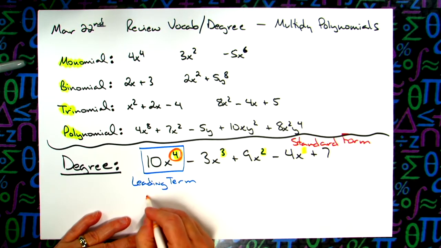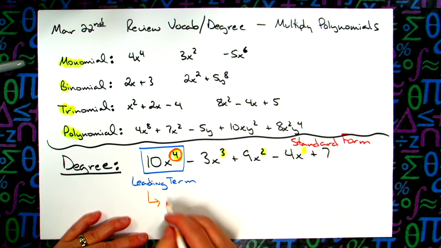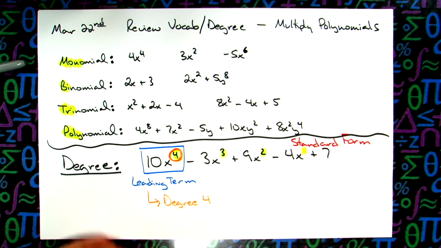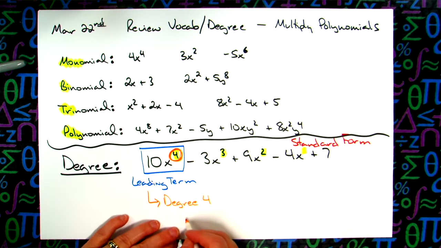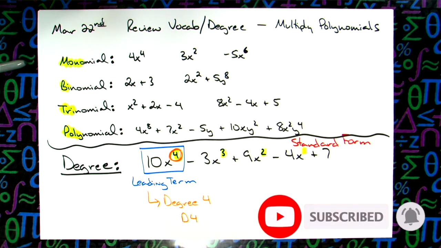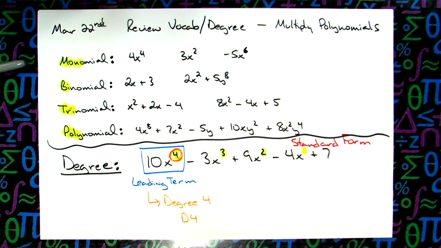So this leading term in the polynomial has a degree of 4. Usually when we start doing some of the worksheet, I'm going to write just D4. But in your notes, write out the word degree so you'll know it stands for degree. That leading term tells me the degree of the entire polynomial, and it's a 4. If you can look at that first exponent and know what that exponent is, in standard form, it's that simple. But again, you have to memorize that.